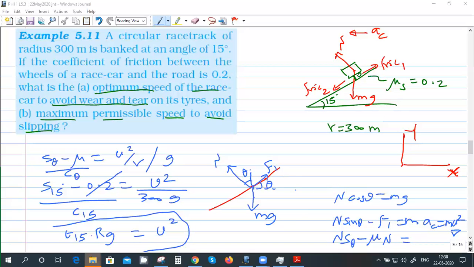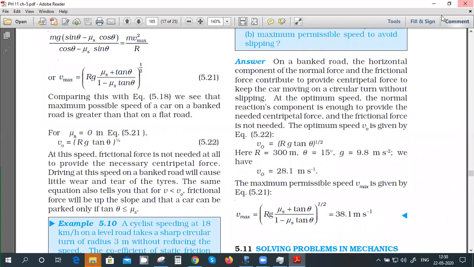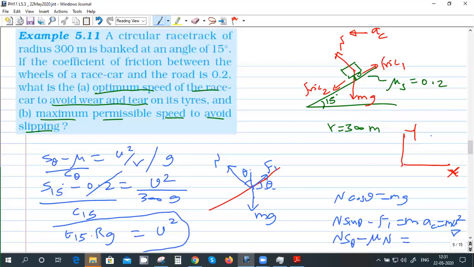Are you getting it? Bhavya? Yes, sir. See, he's saying this. Okay, when the car is going at a low speed, the direction of friction force is up the plane, right? And he's saying this friction force should be 0 for there to be no wear and tear.